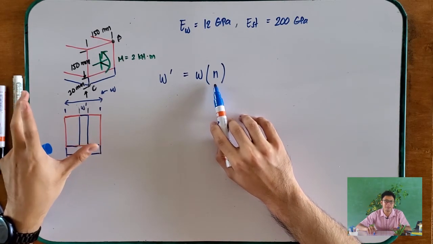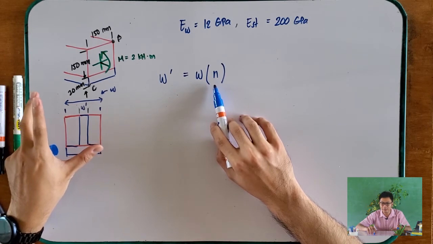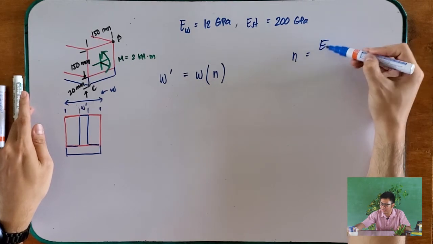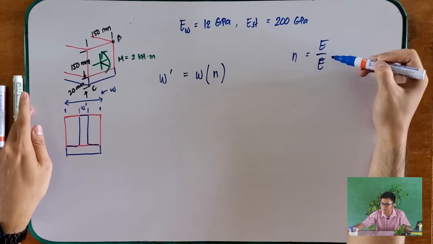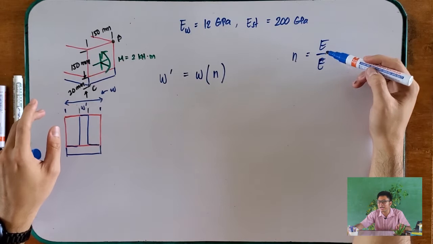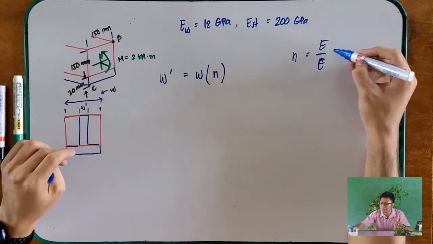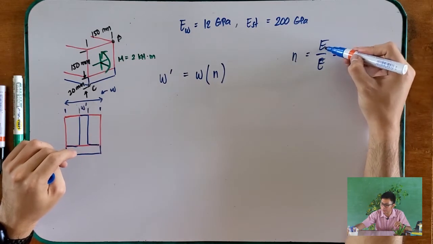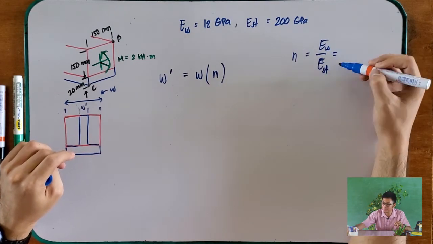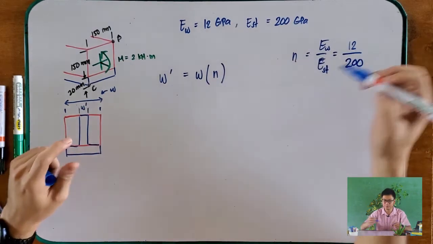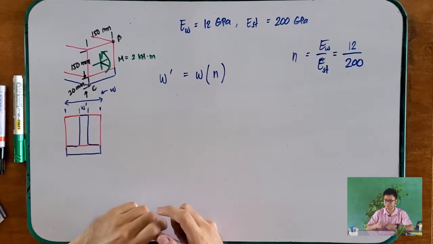So, para mo lesser than 1 siya, di ba kay ang N is equal to E over E. Pero para lesser than 1 siya, asa may ato ibutang sa numerator, asa ato ibutang sa denominator? Of course, ang numerator ang wood, ang denominator ang steel. Para 12 divided by 200. Okay?